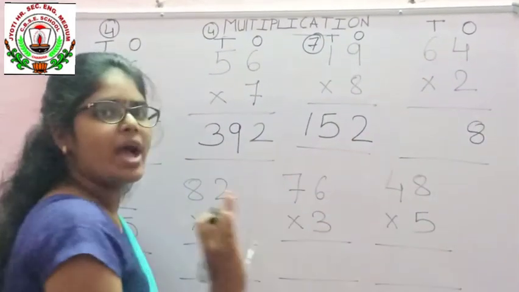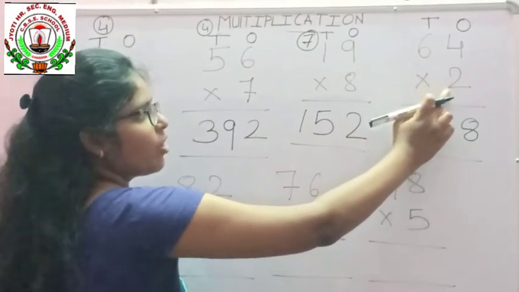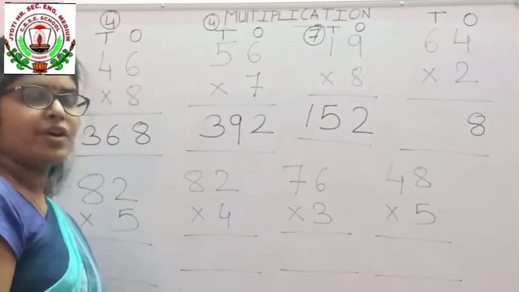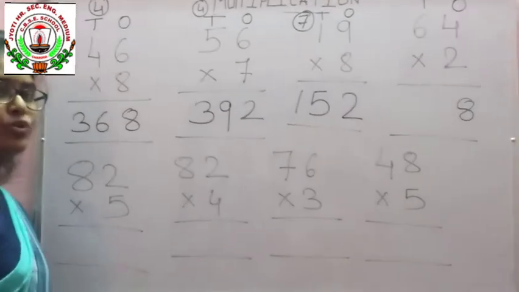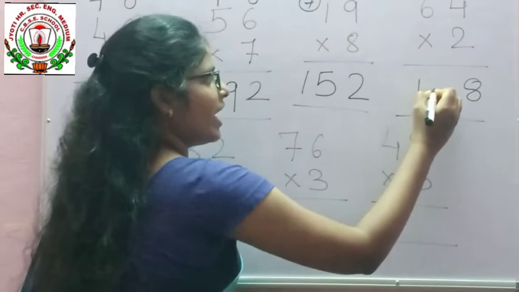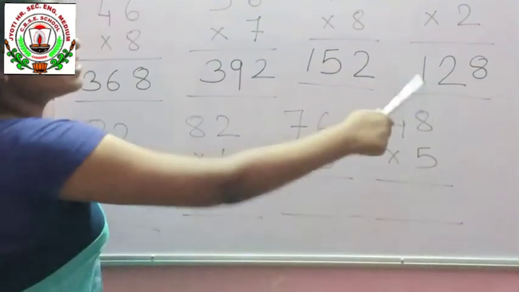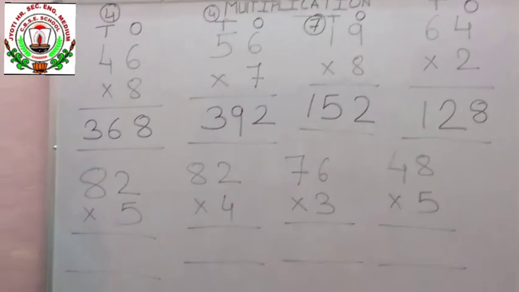So no need to add anything. You just have to recall the table of 2. 2 ones are 2, 2 twos are 4, 2 threes are 6, 2 fours are 8, 2 fives are 10, 2 sixes are 12. So you write 12 here. 64 into 2, the answer is 128. Understand? Next one.